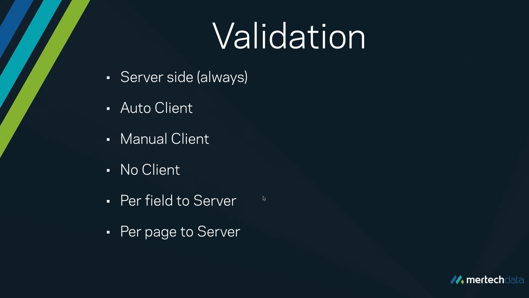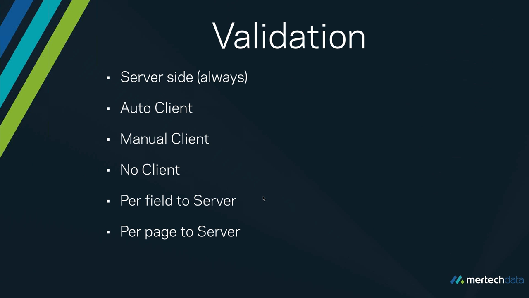Sometimes you may be able to get away with no validation as well, where you have a very simple entry and you can rely on just the server to do the validation for you. In this case, you need to be aware that if you're just having the server do validation and you're doing none on the client, if you have a lot of fields on the screen, you can really tick your users off.